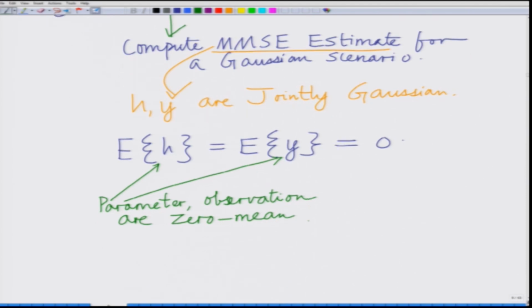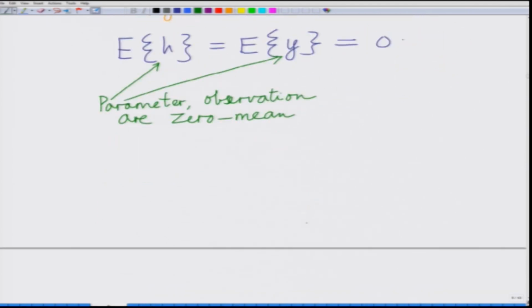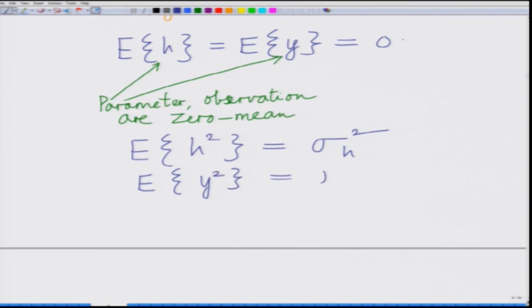Also, let the variances be given as expected value of h square, which is the variance of h since it is a zero mean random variable, equals sigma h square, and expected value of y square equals sigma y square. This is the variance of the observation.